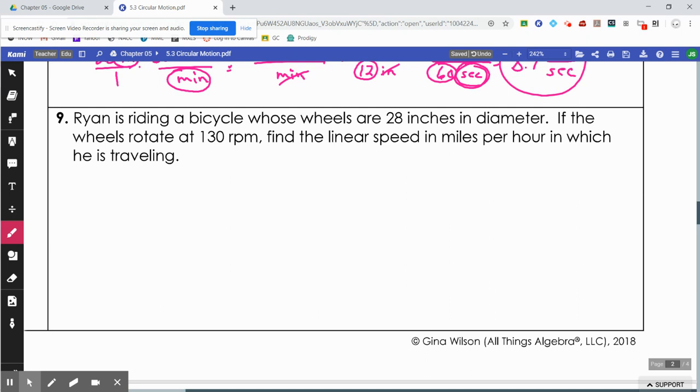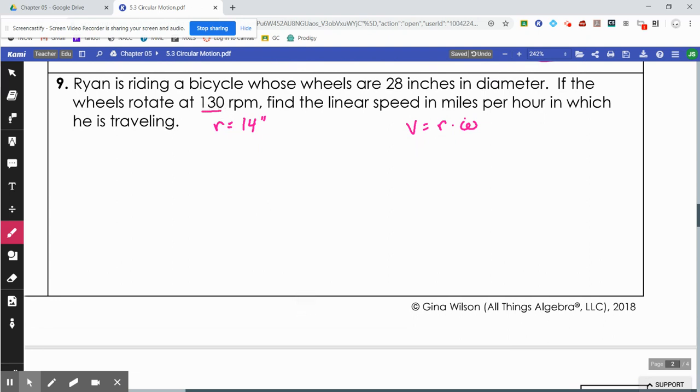Number 9. Ryan is riding a bicycle whose wheels are 28 inches in diameter. So let's go ahead and put that as our radius, because our formula is linear velocity is radius times angular velocity. So the radius is 14 inches. If the wheel rotates at 130 RPMs, again, this is an angular velocity.